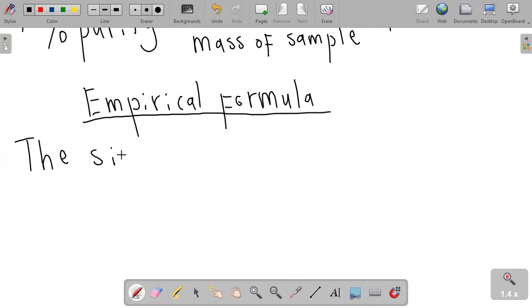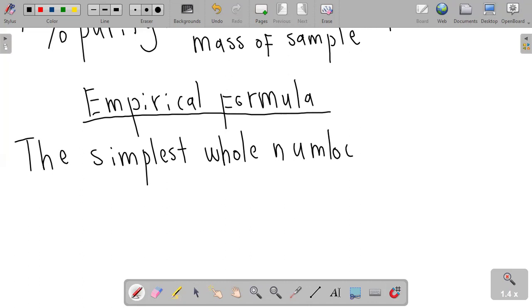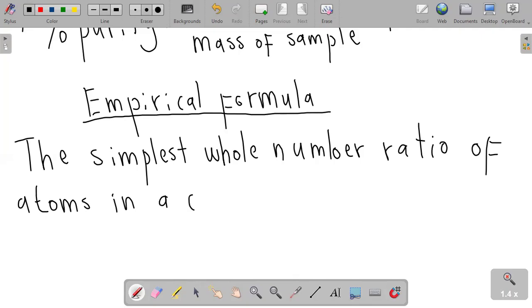The empirical formula is the simplest whole number ratio of atoms in a compound.